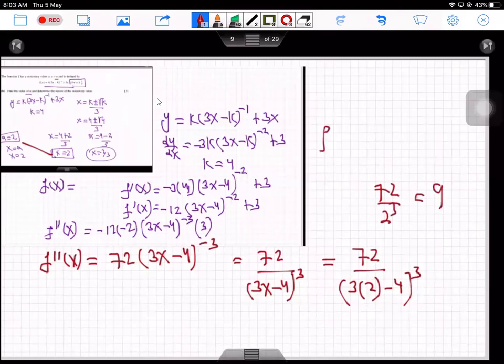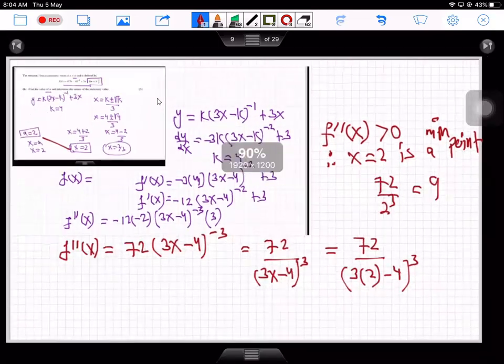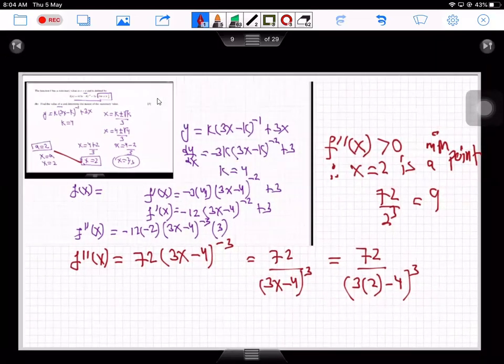Since the second order derivative is greater than 0, it is a positive value. Therefore, x equals 2 is a minimum point. This is supposed to be your final answer to question number 11, part B. x equals 2 is a minimum point.